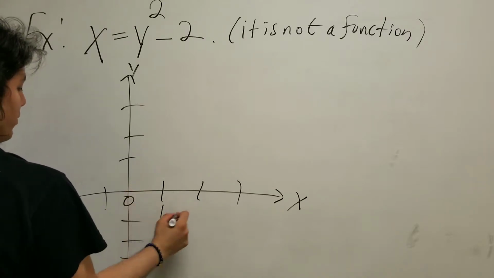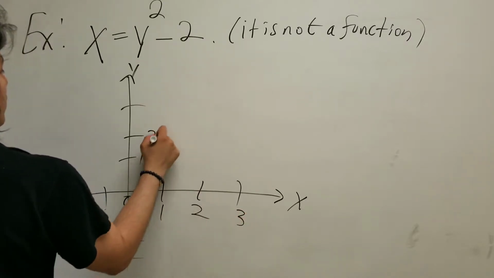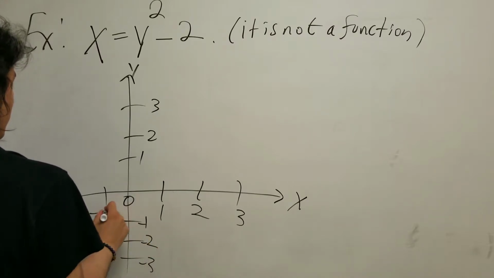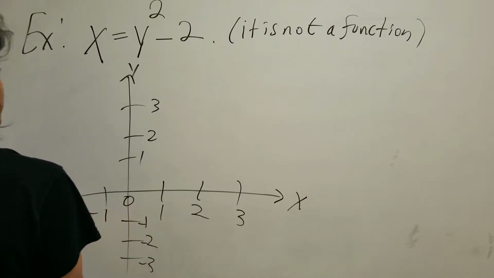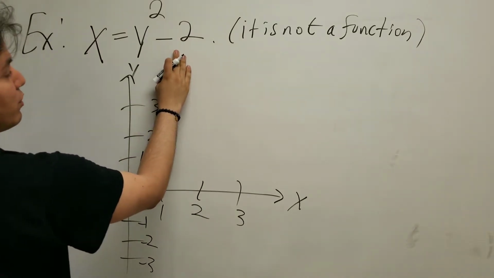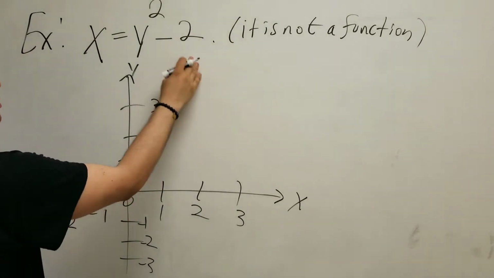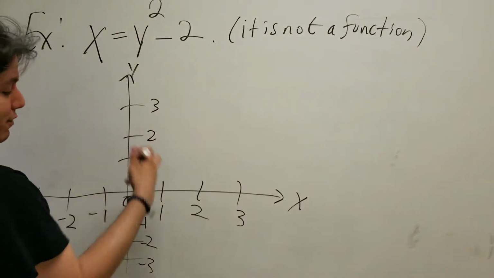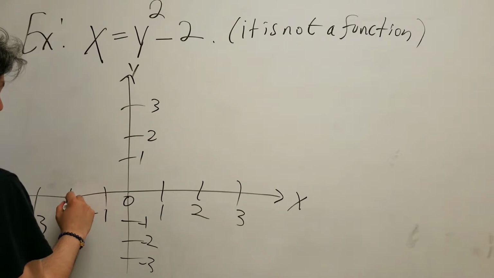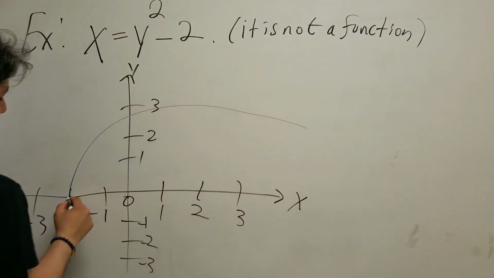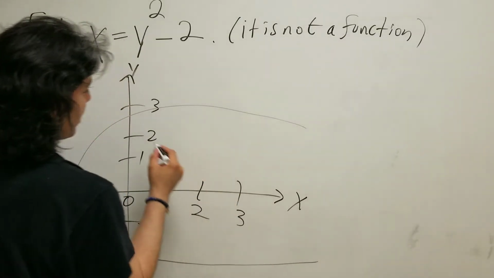Okay, so if you guys remember from pre-calculus that when you have a minus in your function, it's not within the function, it's outside of the function, so it's telling you to move over 2 units to the left. So 1, 2, and then you're just going to draw the function like a parabola, just sideways.